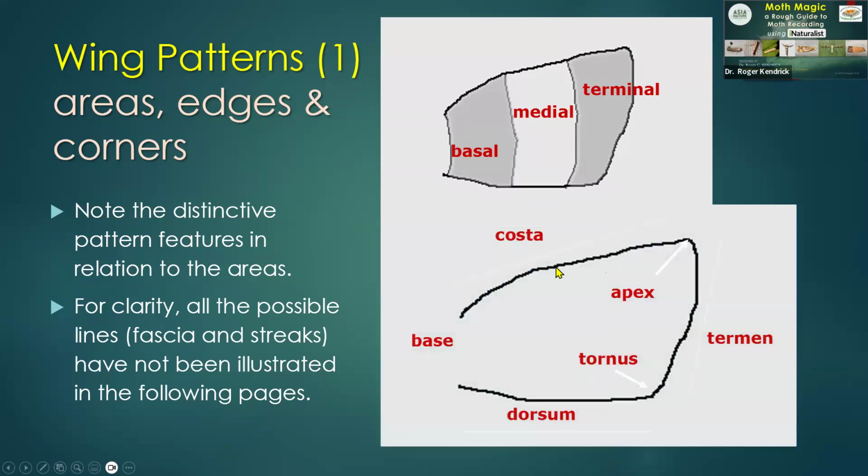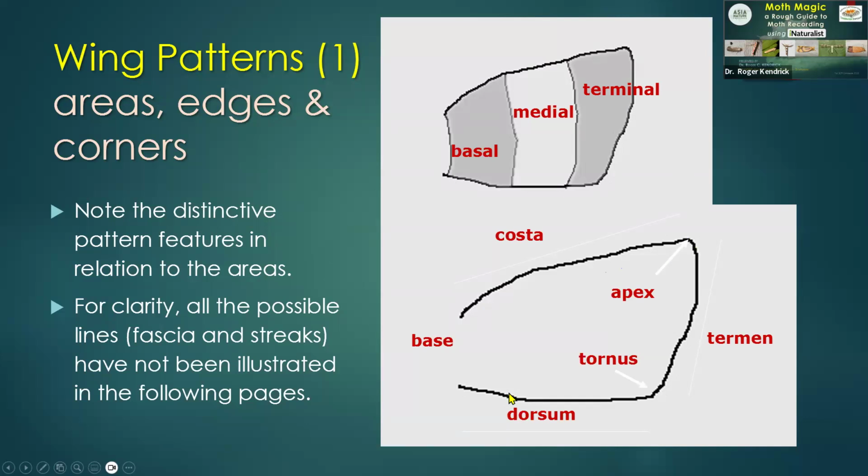Add into that your edges and your corners. So at the base, well, that's the base, that's pretty obvious. But from the base to the top leading edge corner is the costa. From the costa down the outside of the wing is the termen, which marries the terminal area. So termen and terminal, think far end, not too difficult.